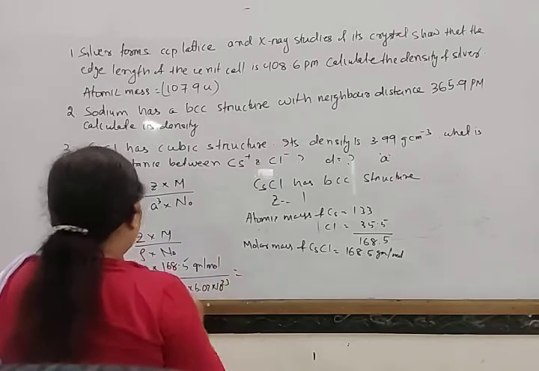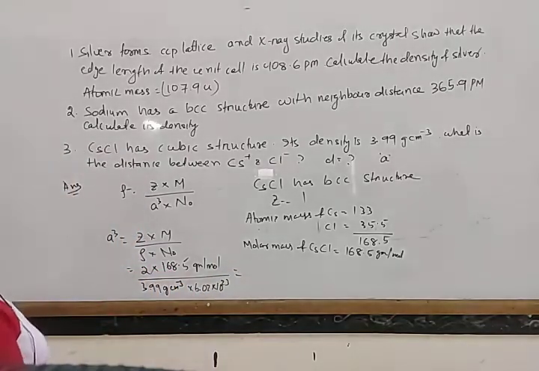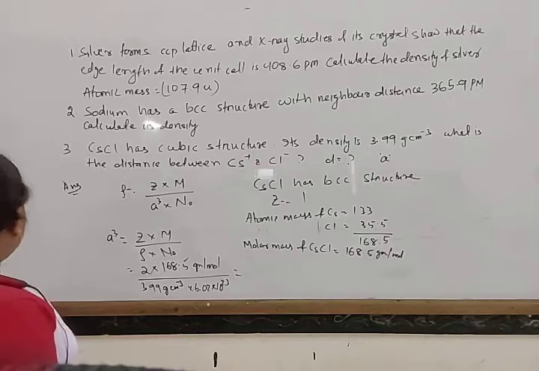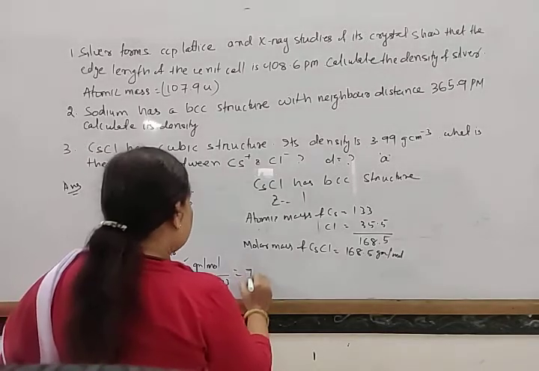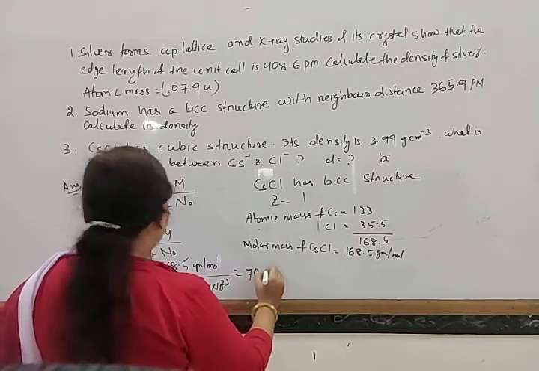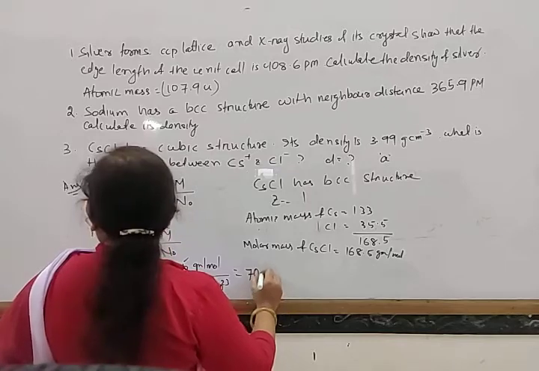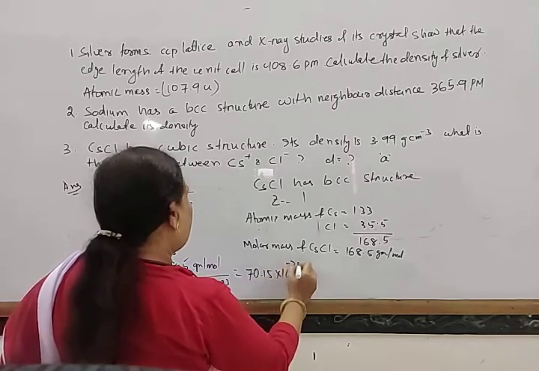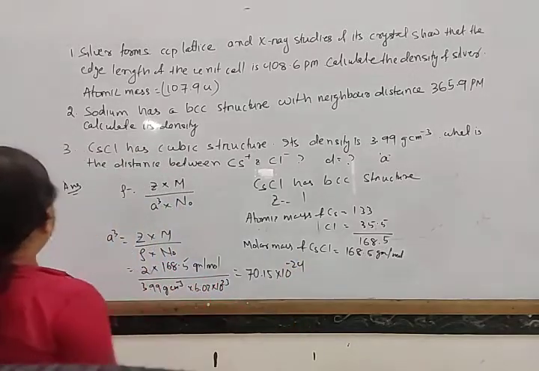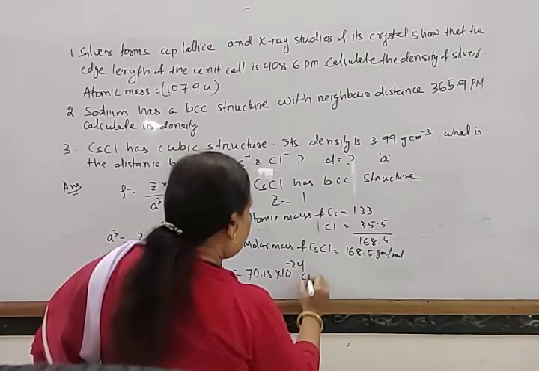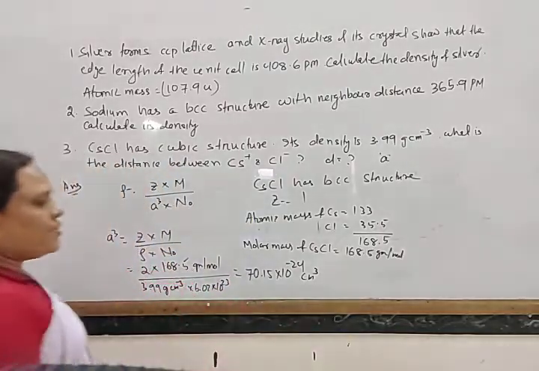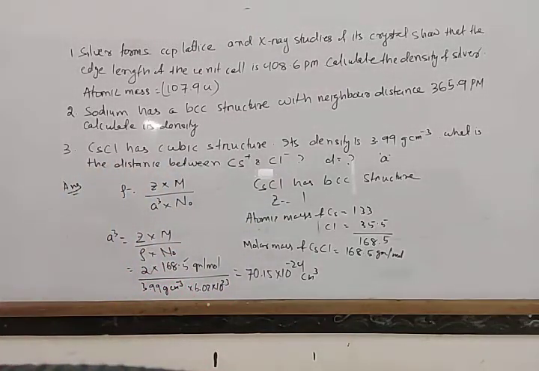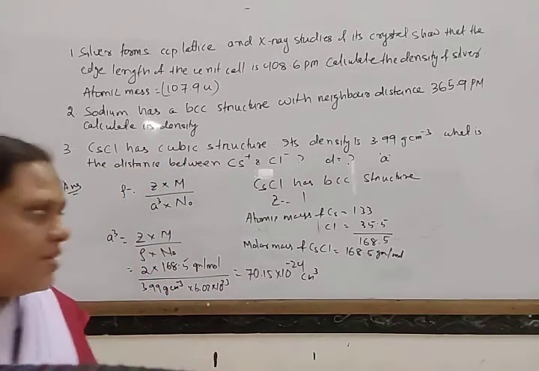In this way you find the value of A cube, equal to 70.15 into 10 to the power minus 24 cm cube.